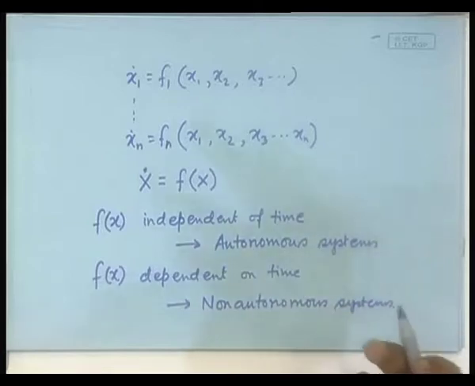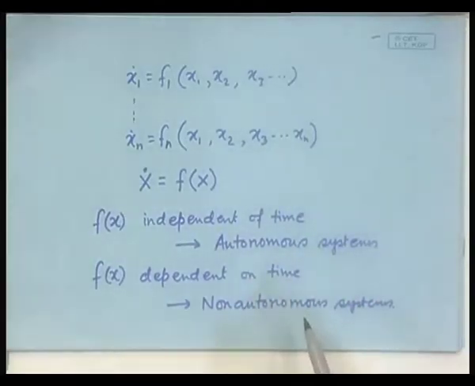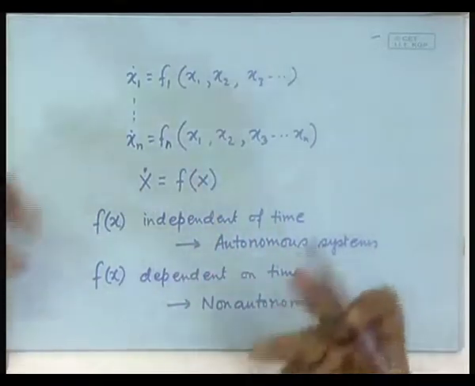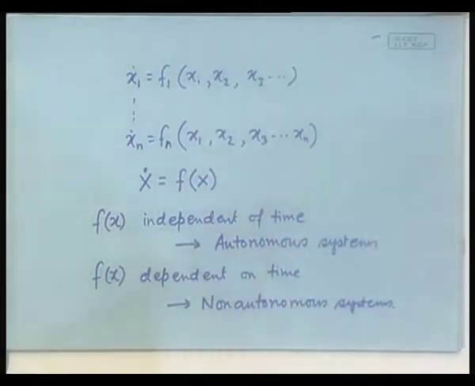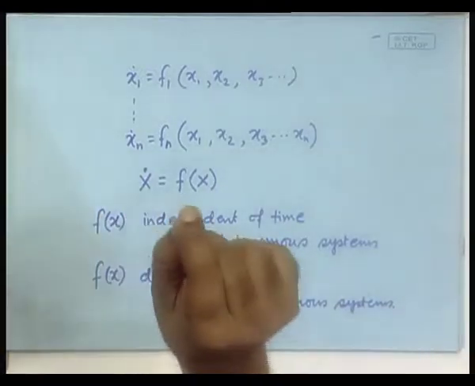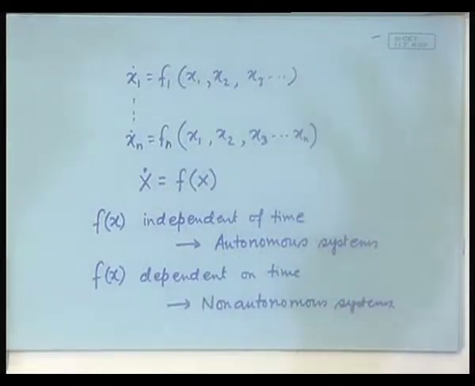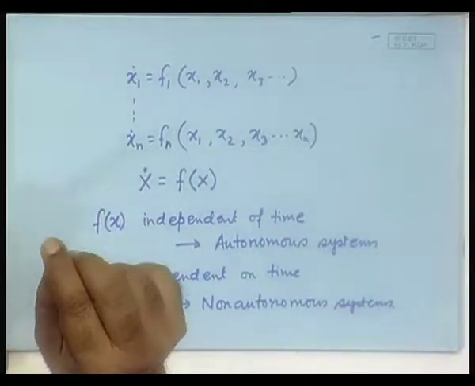Whenever we refer to these two terms, you should understand what it means physically. It means that this right hand side f(x) is in one case independent of time, and in the other case dependent on time. Physically, if there is a circuit in which there is a sinusoidal forcing function, that would be a non-autonomous system. If there is a circuit in which there is a DC supply, then it would be an autonomous system, because that is independent of time. But if you switch that DC supply on and off, then it would again become a non-autonomous system, because that is an independently, externally applied time variation.